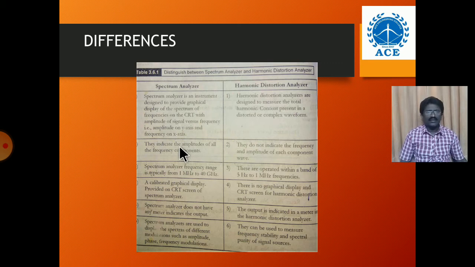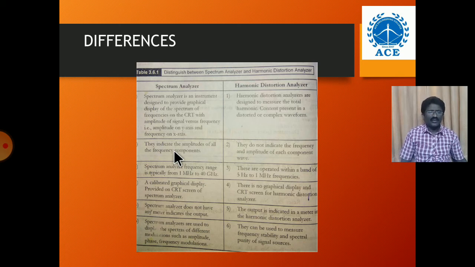The second one: wave analyzers indicate the amplitude of a single frequency component. With the help of a wave analyzer, you can measure only the fundamental frequency of the component. By changing the value of LC, you can vary the fundamental frequency also.